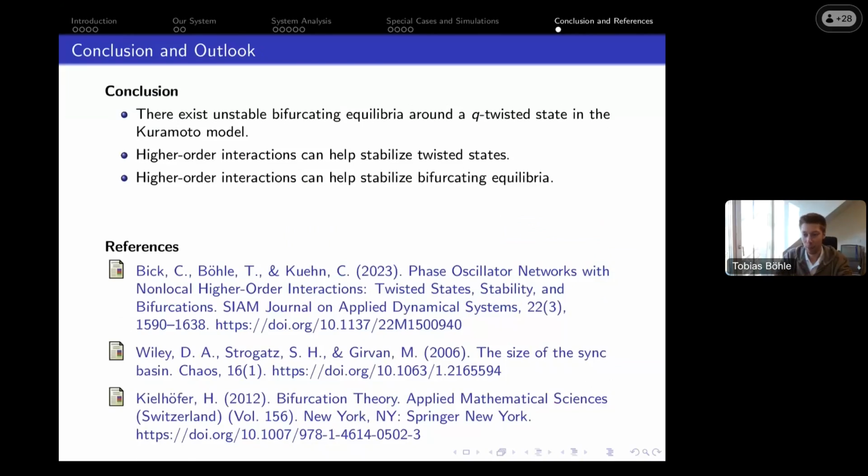And here are some references. This is our work where these results have been published. This is the paper where the twisted states have first been studied, and this is the book from which we took the Lyapunov-Schmidt reduction and the bifurcation theory.